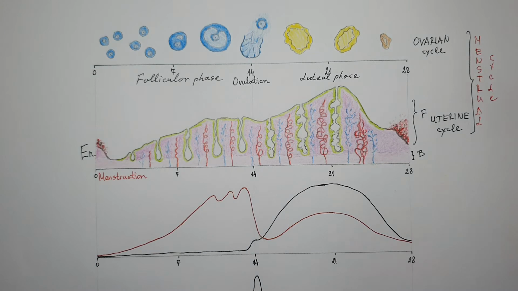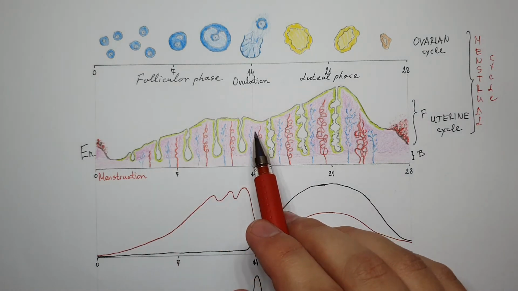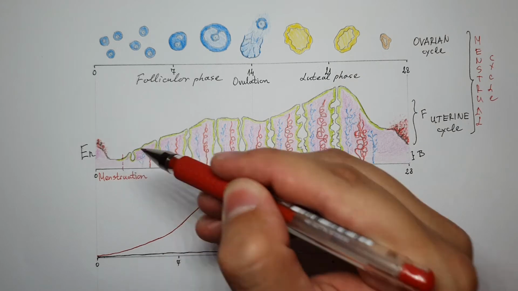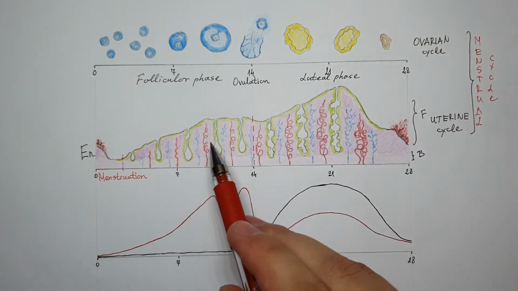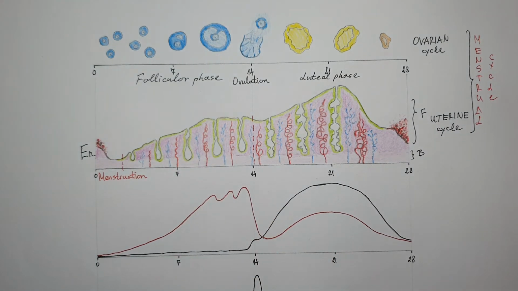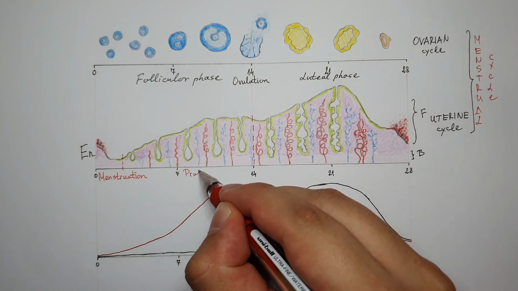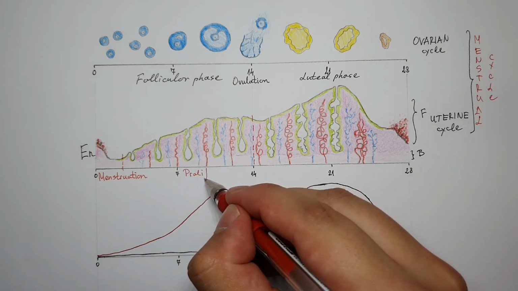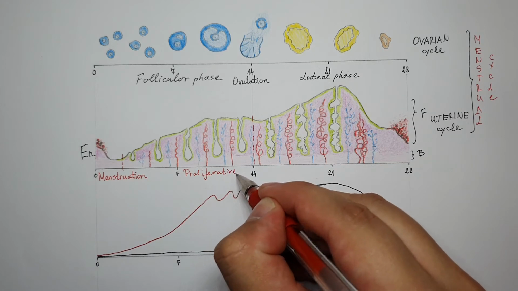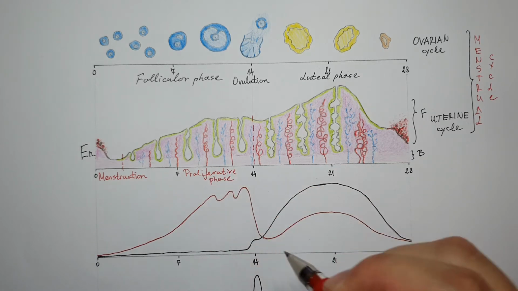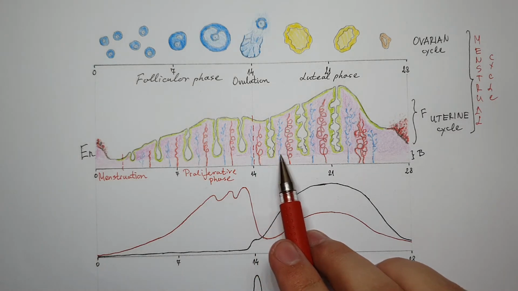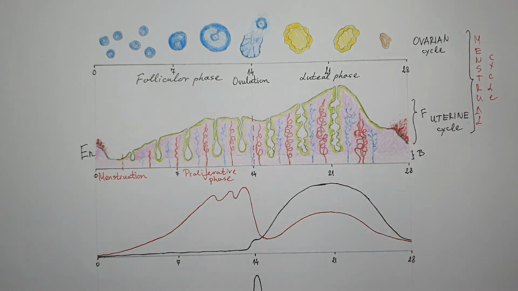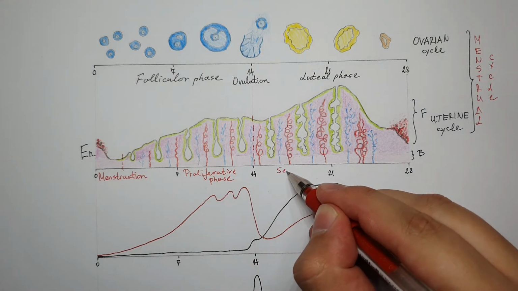Then the second phase is called the proliferative phase because the cells are proliferating, dividing, and getting a bigger number of themselves. Then the last phase of the uterine cycle is called the secretory phase.